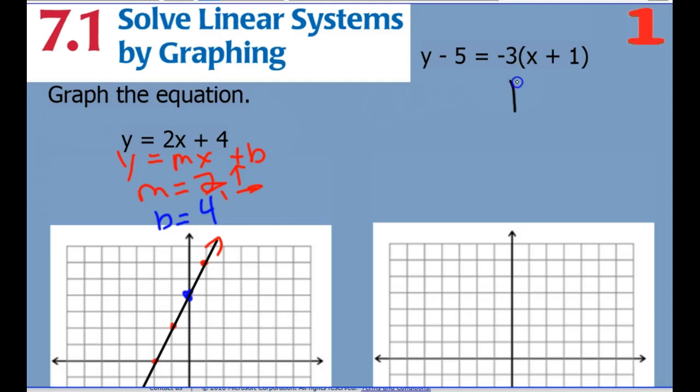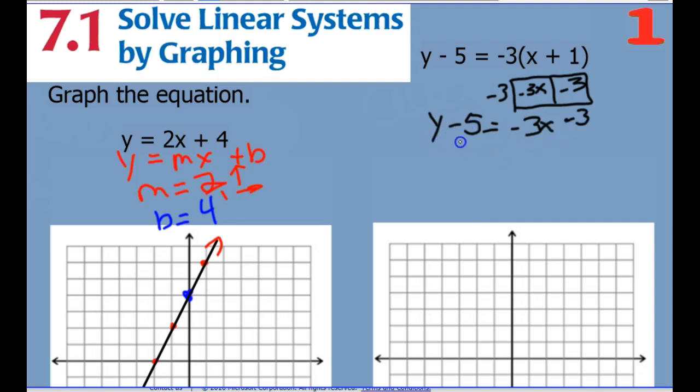So we're going to draw our box. And we get negative 3 times x plus 1. Negative 3 times x is negative 3x. Negative 3 times 1 is negative 3. So what we're left with then is y minus 5 equals negative 3x minus 3.